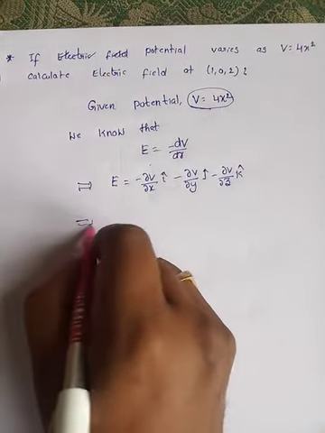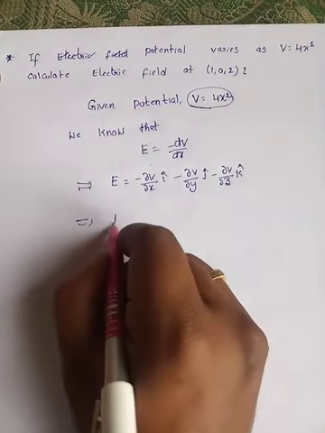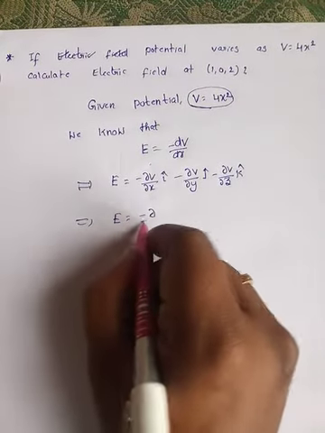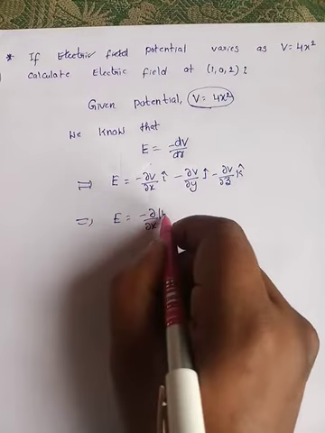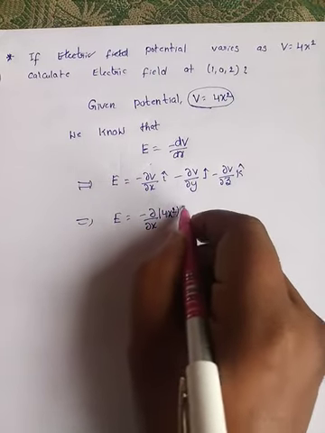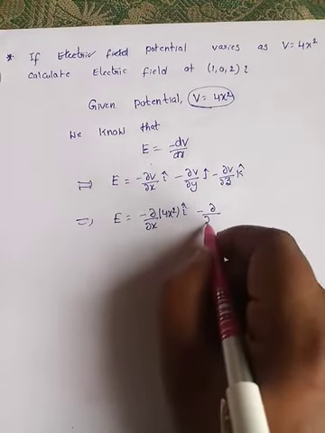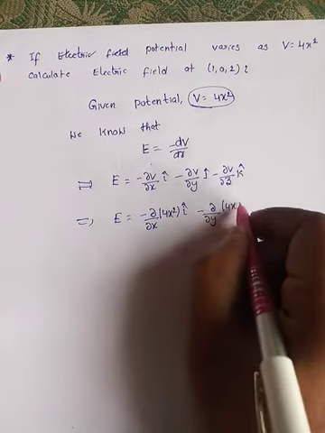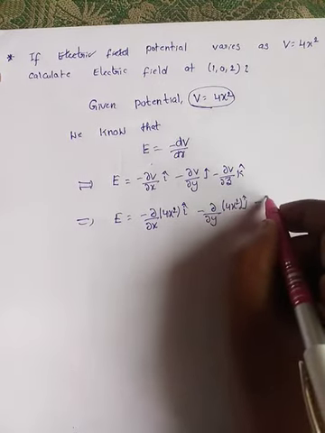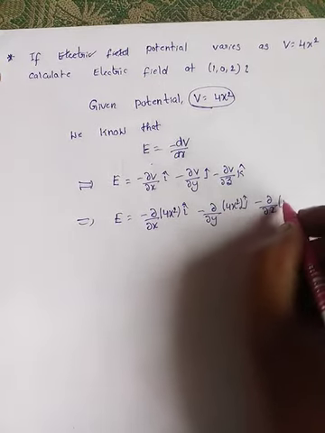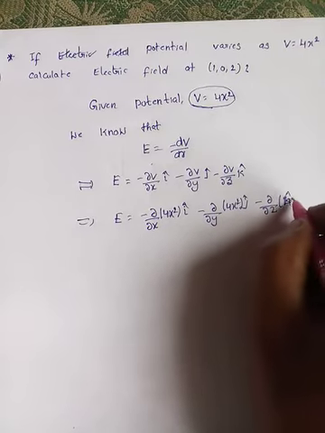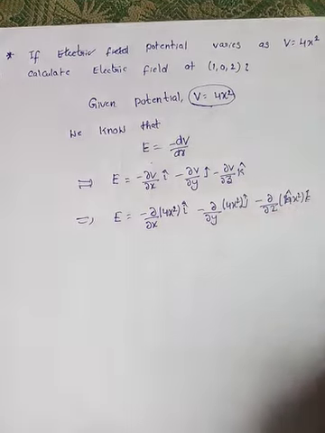So here the y and z components are 0. What we can write, E equals minus dou by dou x of 4x square into i cap, minus dou by dou y of 4x square into j cap, minus dou by dou z of 4x square into k cap.